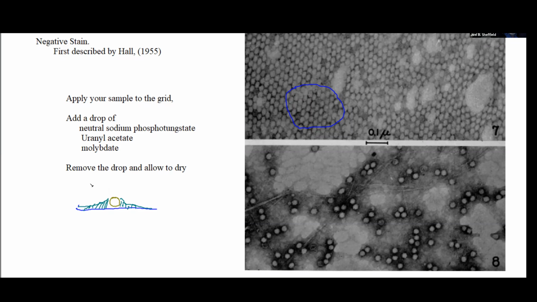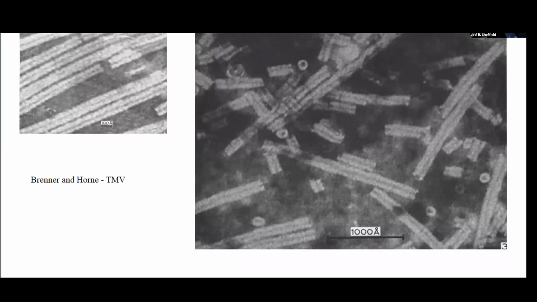But as this procedure was applied to many different samples, let's see what we can get out of it. Brenner and Horn. This is Sidney Brenner, who was one of the founders of the field of molecular biology. In this case, they were looking at tobacco mosaic virus. At the time, that tobacco mosaic virus was a real concern because tobacco, of course, was a major crop.